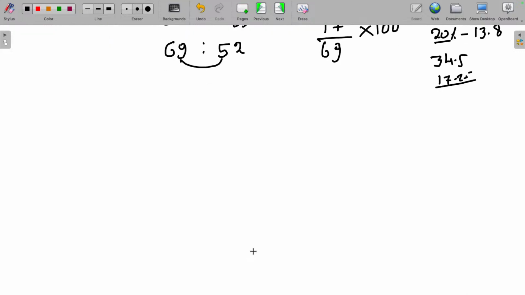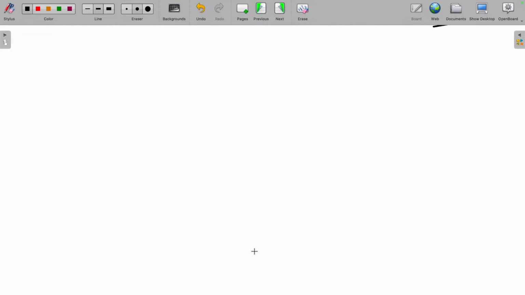Okay. Now same method, I will do method 2 here. The question says raw material cost is increased by 25 percentage. What is the fraction value of 25 percentage? 1 by 4.